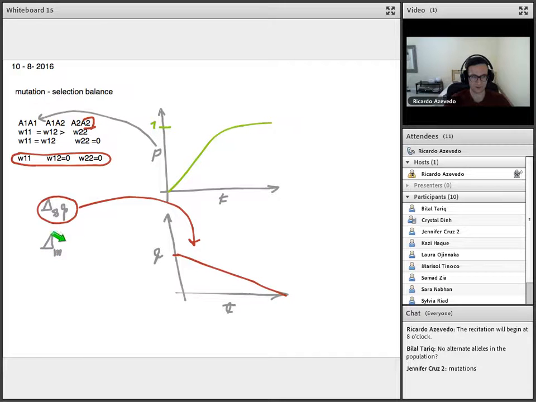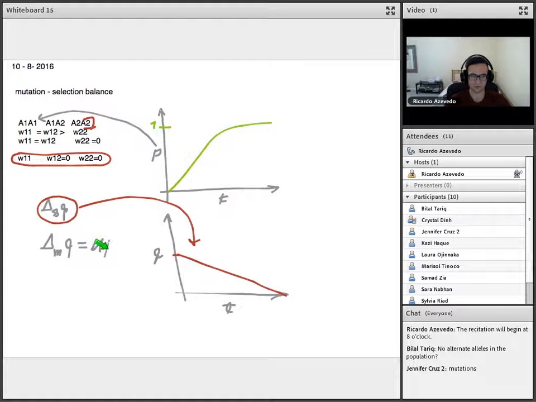So it's the change in frequency of Q as a function of mutation, where there is a mutation rate mu, or U, which converts the A1 alleles into A2.